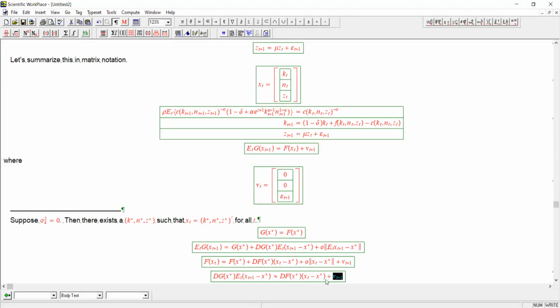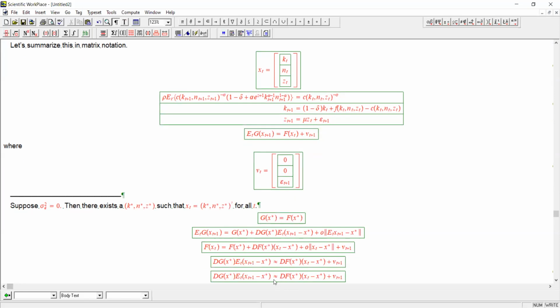So what we're going to do going forward is the following. We're going to set this to be an equality.